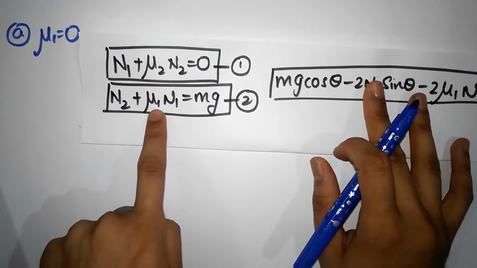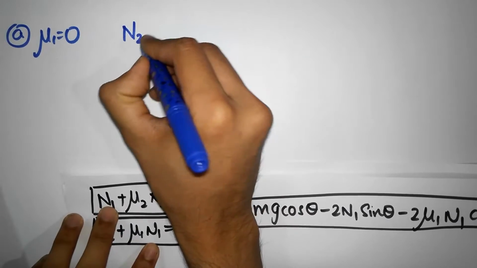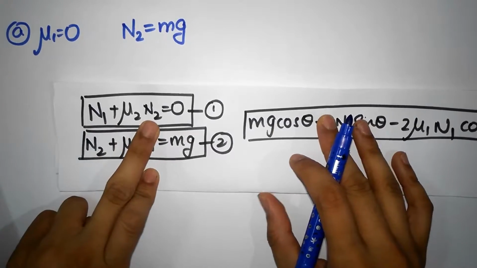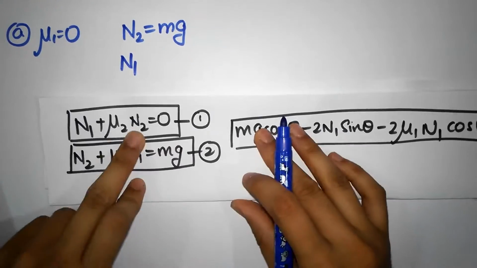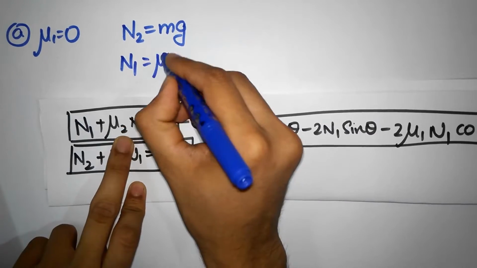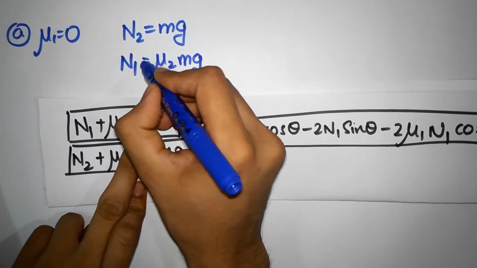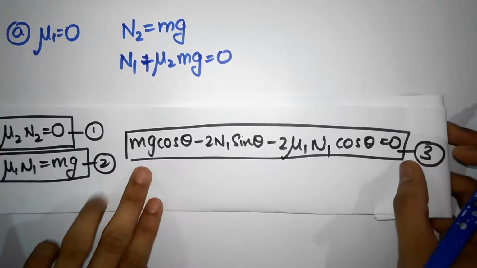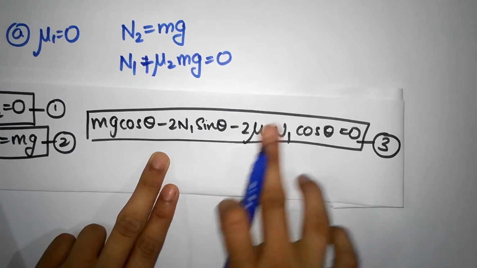But something interesting happens here. N2 becomes equal to mg. So N2 equals mg. And over here we get N1 equals mu2 times N2, sorry, this is a plus sign, and that equals 0. And since mu1 is 0, this term disappears.